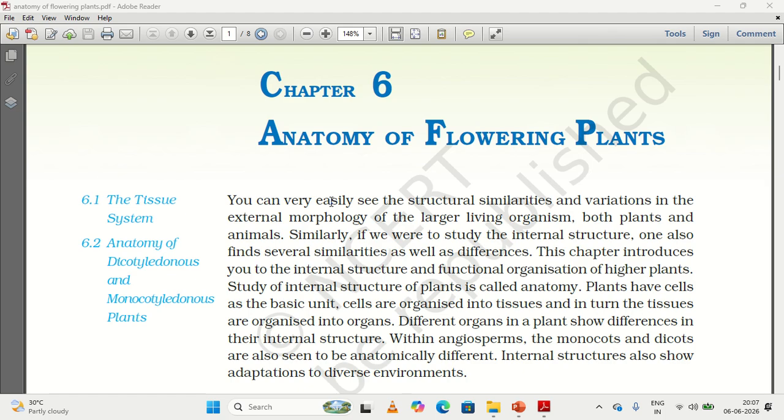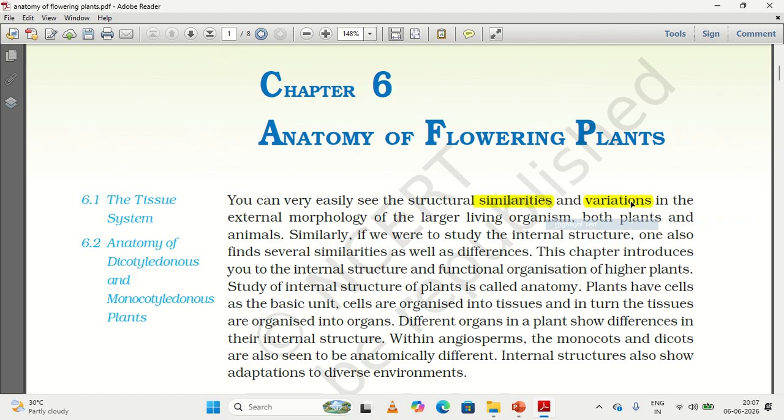You can see very easily the structural similarities and variations in the external morphology of larger living organisms, both plants and animals. So we can easily find out the similarities and differences. Variations means differences.